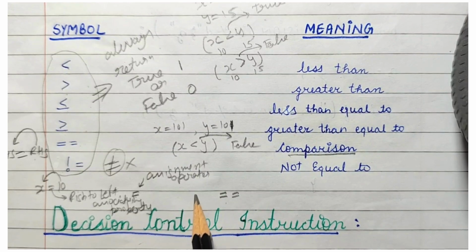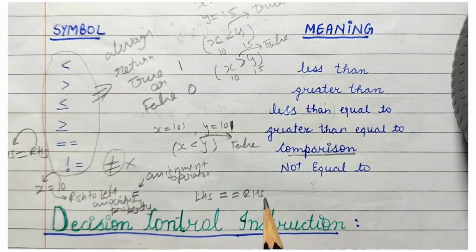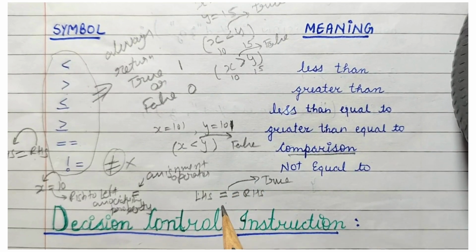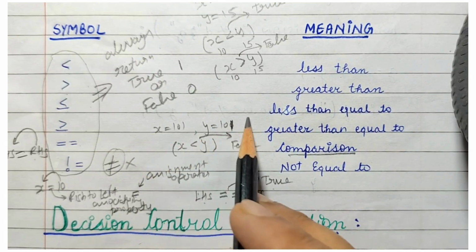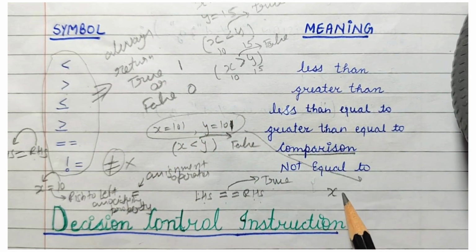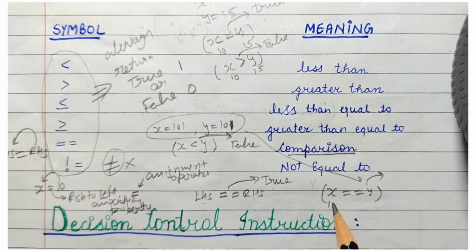Double equal to has two sides, left hand side and right hand side. Now this comparison operator returns true if the left hand side is exactly equal to the right hand side, otherwise it returns false. Now for these values, x is equal to 101 and y is equal to 101. Here x double equal to y, what will it return? x has a value 101, y also has a value 101.